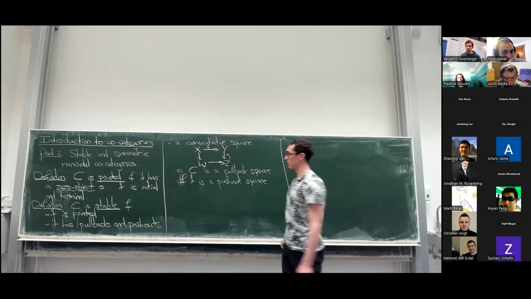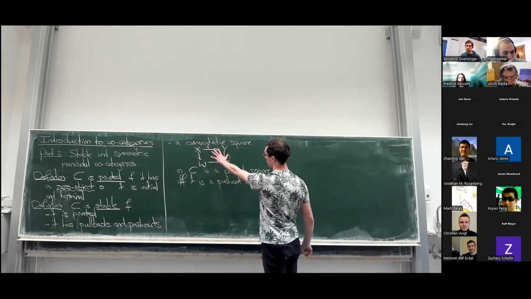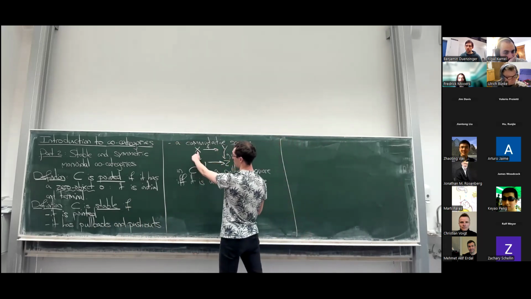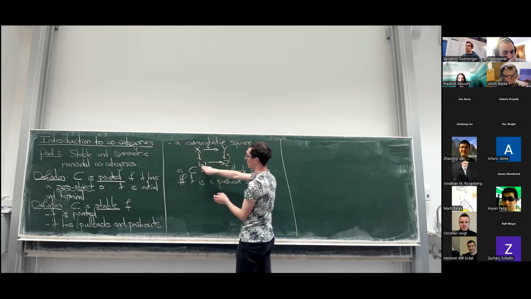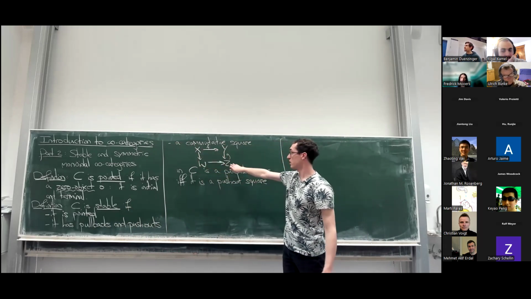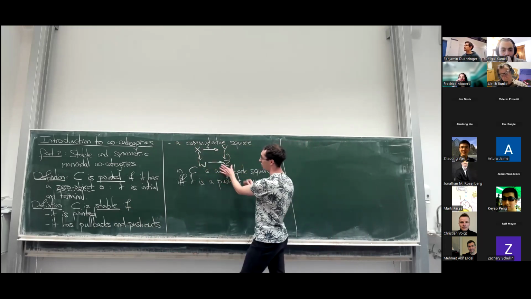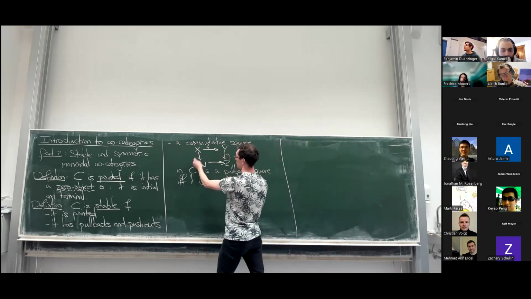So the definition of this being a pullback square means that this object X is equivalent to the limit of the diagram with Y, Z, and W. And this square being a pushout square means that Z is the colimit of the diagram involving X, W, and Y.